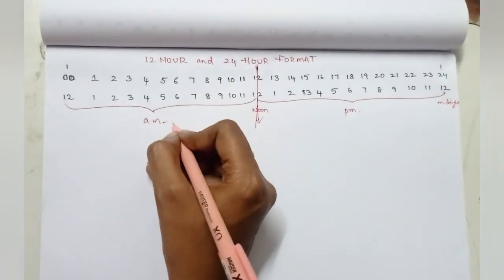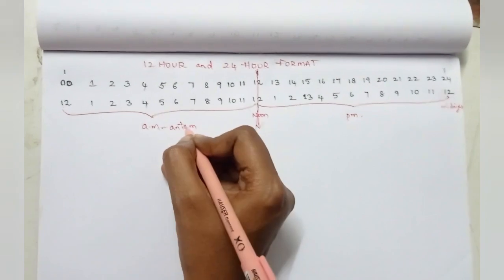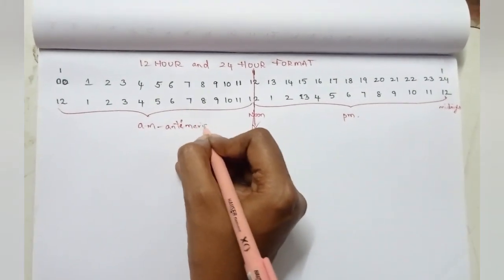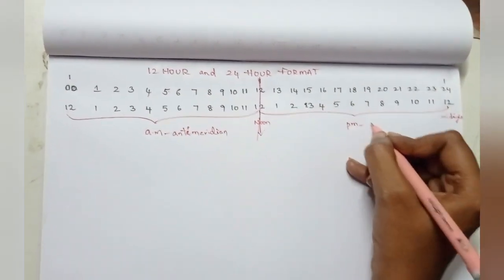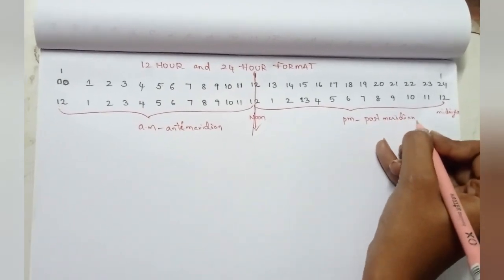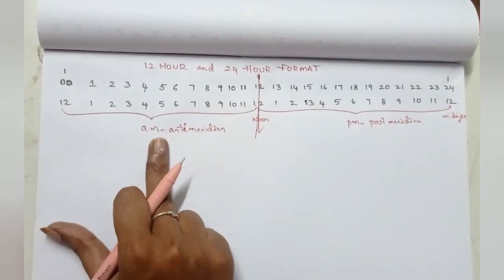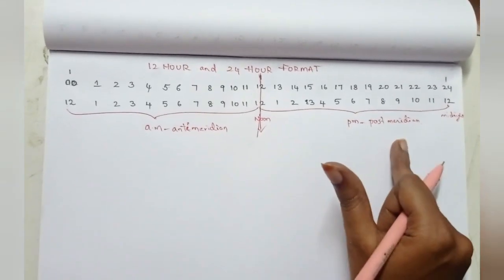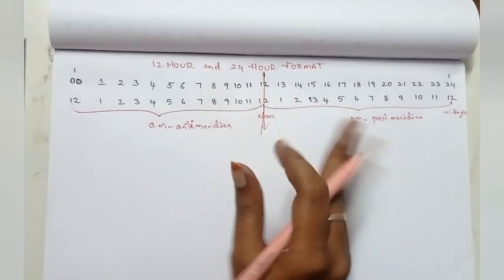We already know AM means ante meridiem and PM means post meridiem. From meridian, before it is ante meridiem, after the meridian it is post meridiem, right?